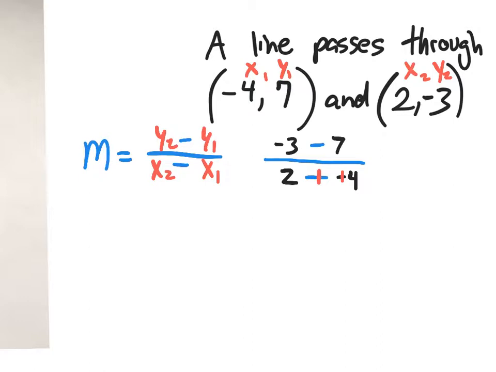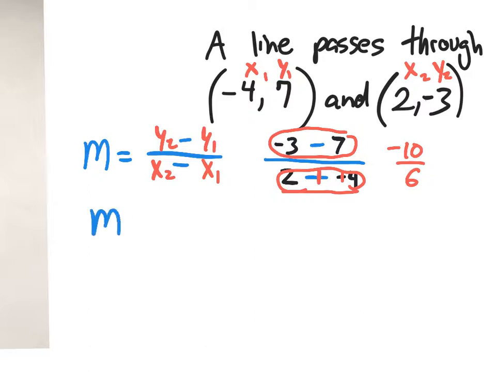Up on top, when I do the math, -3 minus 7, that's -10. And on the bottom, 2 plus 4, that's 6. So I could still simplify that. Let's reduce that fraction. So my m is really -5 over 3, -5/3.